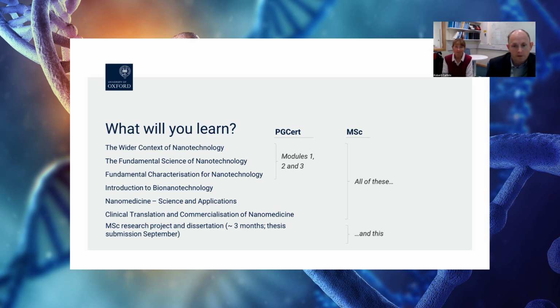So the MSc takes those first 3 PG Cert modules and adds on an introduction to nanotechnology, which is where we talk about the basic concepts. And then we talk about nanomedicine science and application in the next module. And that's where we start to talk about how we take nanoconstructs and how we apply them in healthcare contexts.